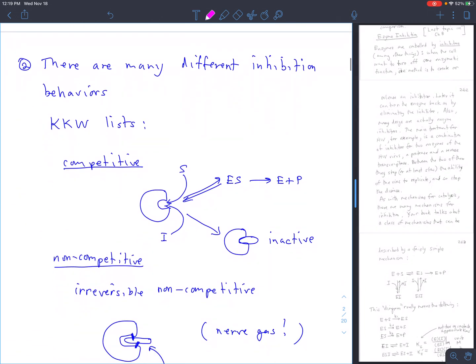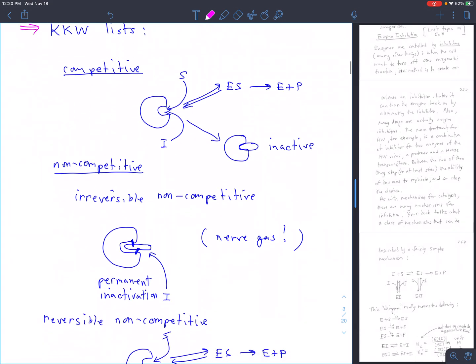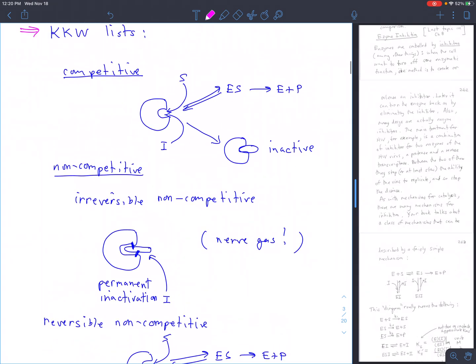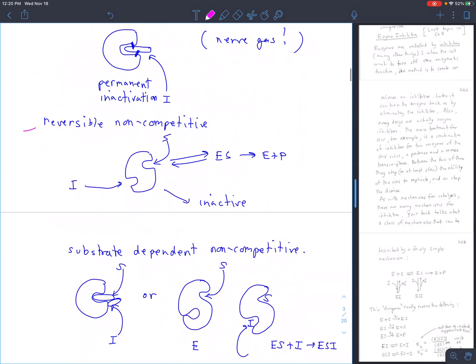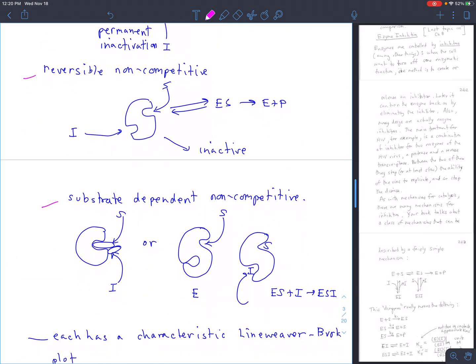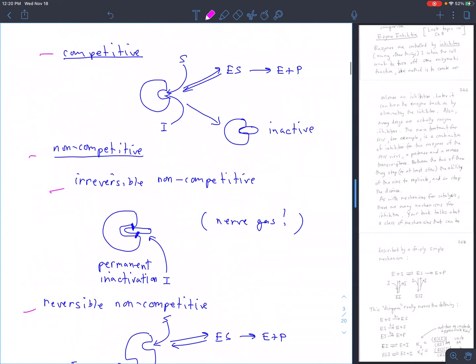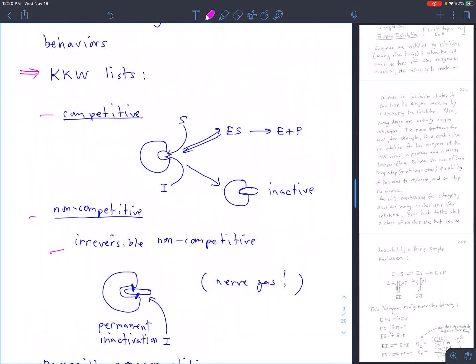All right, so KKW itself, like I say in their very nice section, lists a bunch of different kinds of inhibition, and they give them names: competitive, non-competitive, irreversible non-competitive, reversible non-competitive, substrate-dependent non-competitive, and there's a lot of them. If you go even to the Wikipedia article for enzyme inhibition, you'll see a bunch of different ones, different from these.